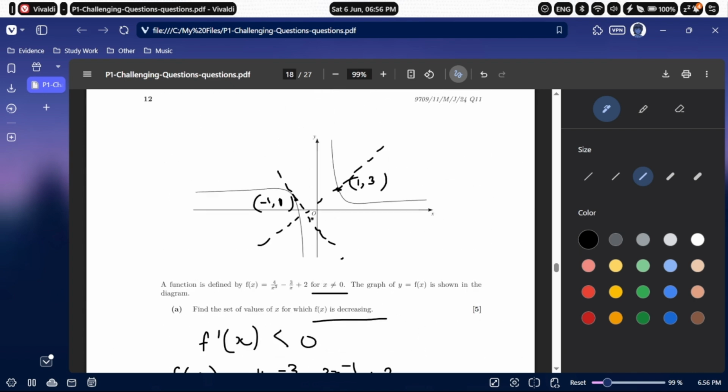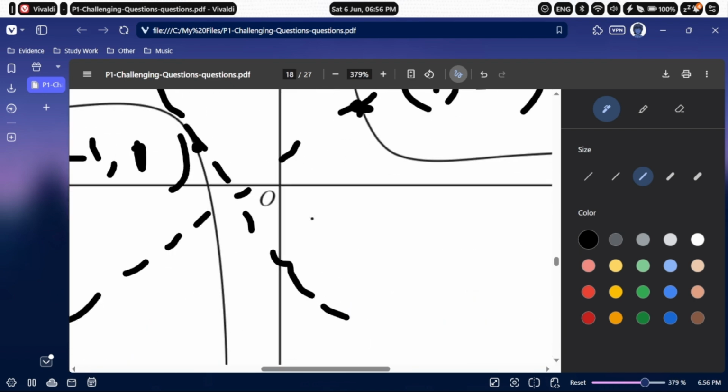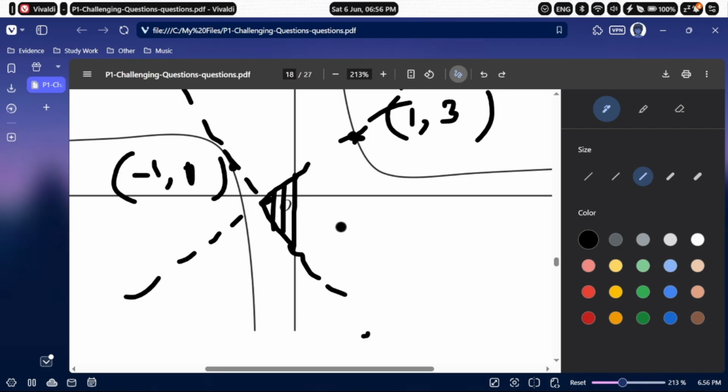So wait, let me just zoom in. So the triangle you end up getting is this, this, and this, and you have to find out the area of this thing if you look at it visually. Now keep in mind that you can do this multiple ways.